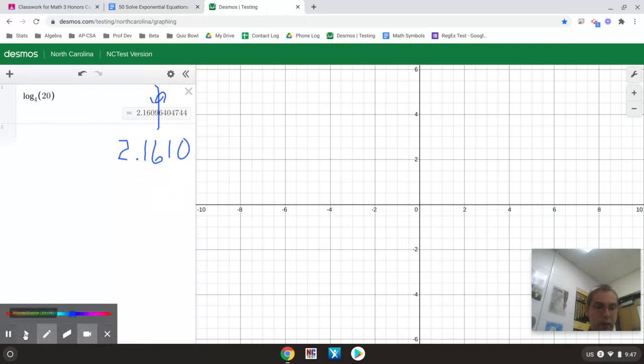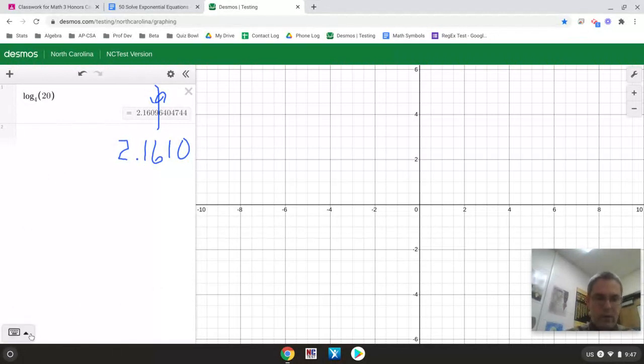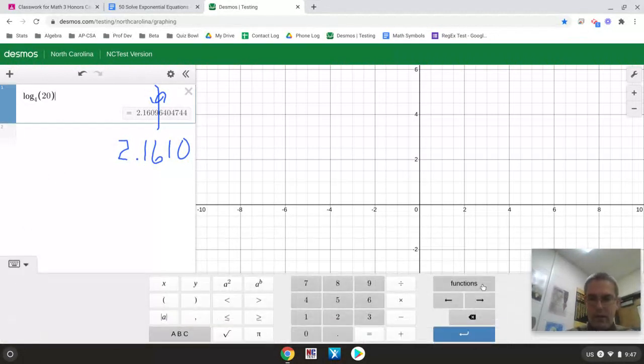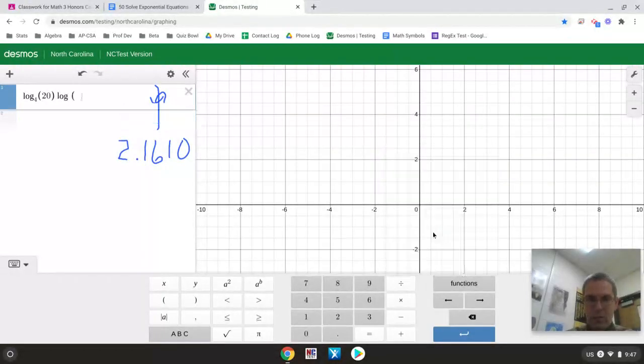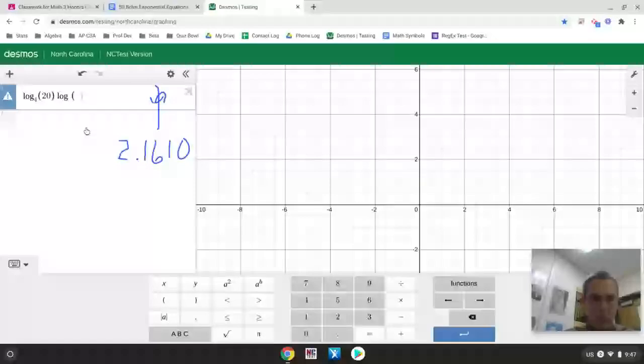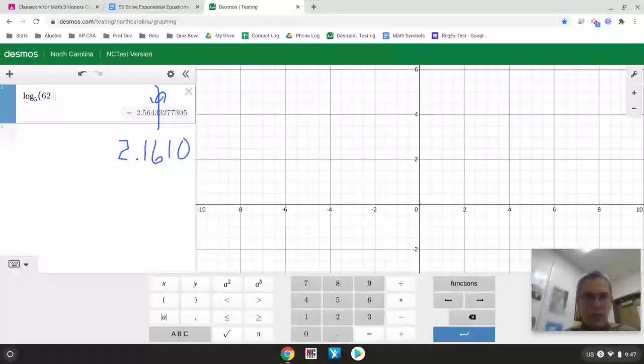So going to Desmos, I'm going to once again pull up my log base. So get my functions back. Log base. Oops. It's kind of in the wrong line there, but we'll fix that. Log base 5 of 62.